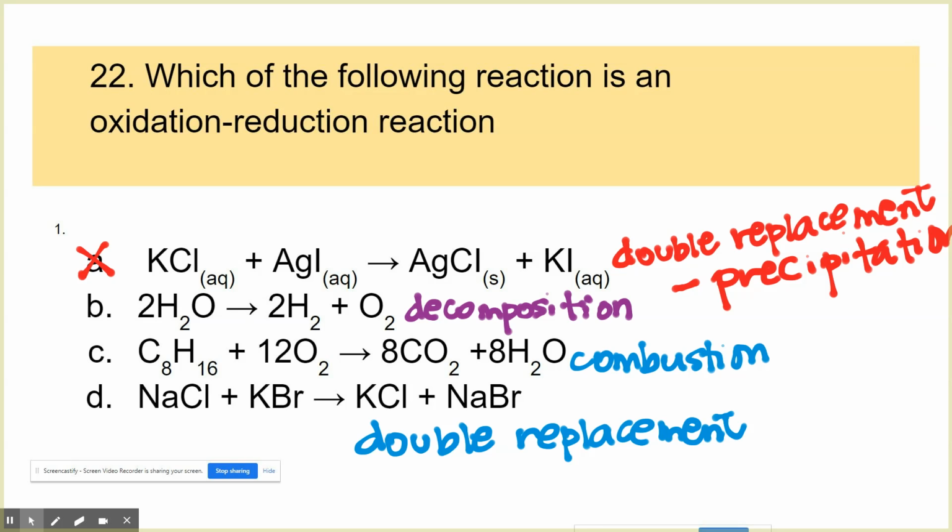Decomposition is a redox. So that's a check. Combustion is a redox. That's a check again. And finally, the last one, double replacement, is not a redox. X. So there are two answers here. It's B and C. Decomposition and combustion are both redox reactions.